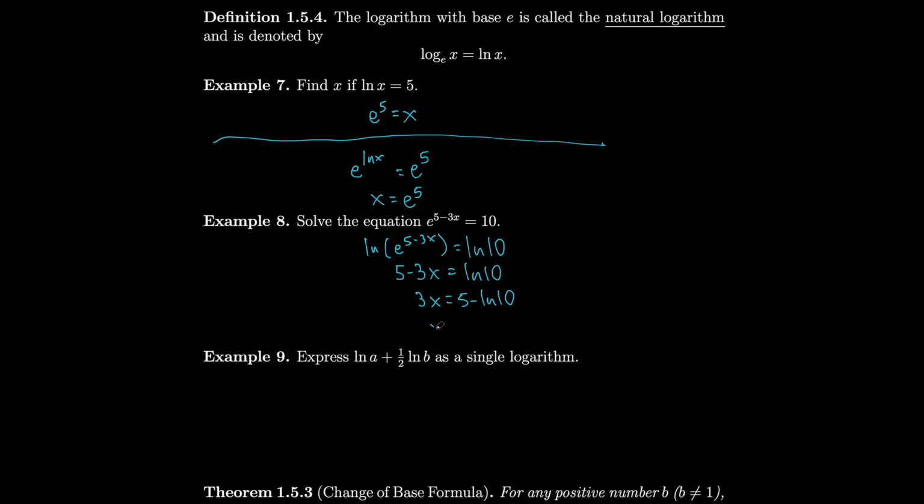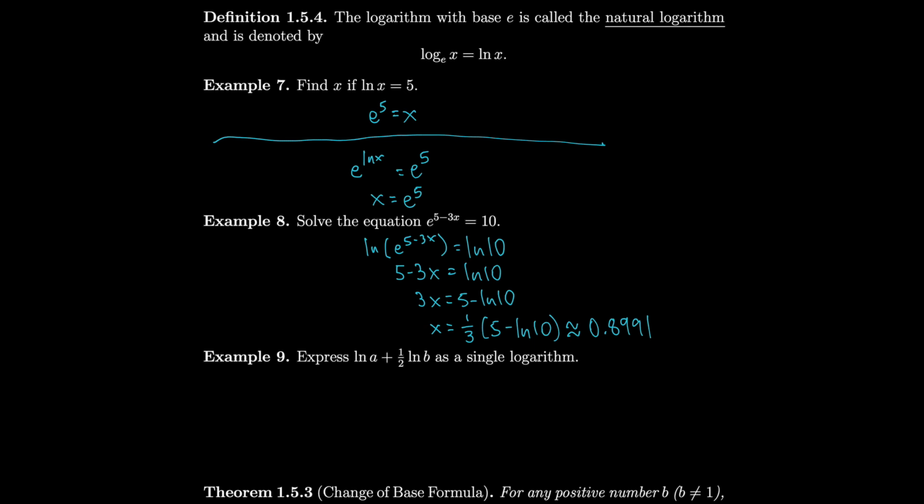And that means we can multiply by 1/3 to get x is 1/3 of 5 minus ln 10. And we can use the calculator to see that that's approximately 0.8991.